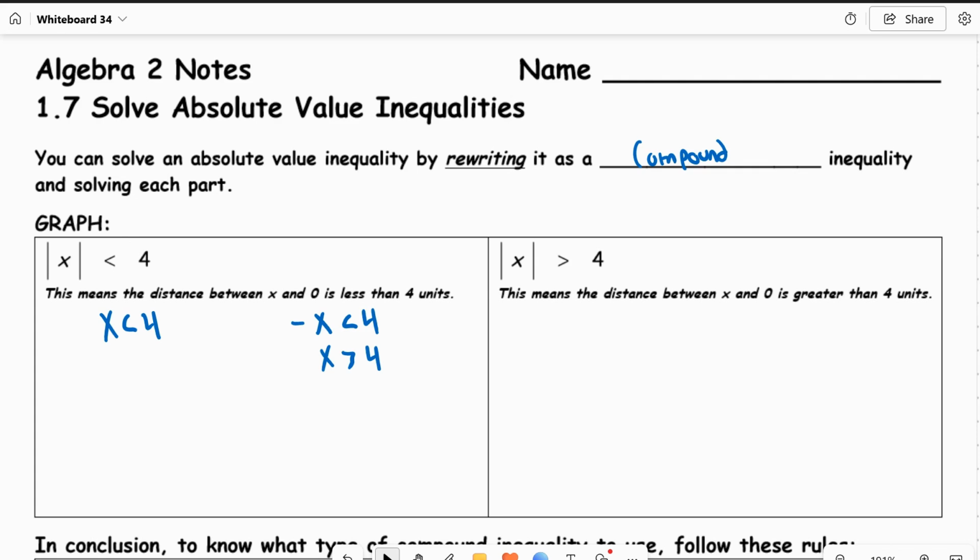When graphing both of these on a number line, you are going to notice negative 4, forgot to add that negative, that I would have negative 4, 0, and positive 4.